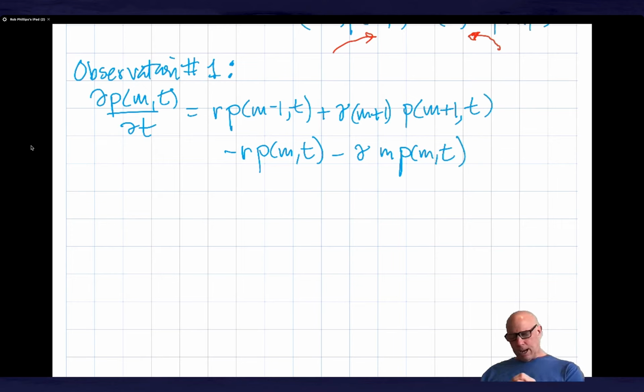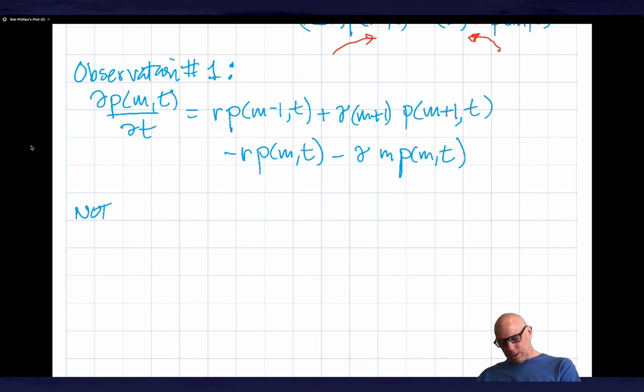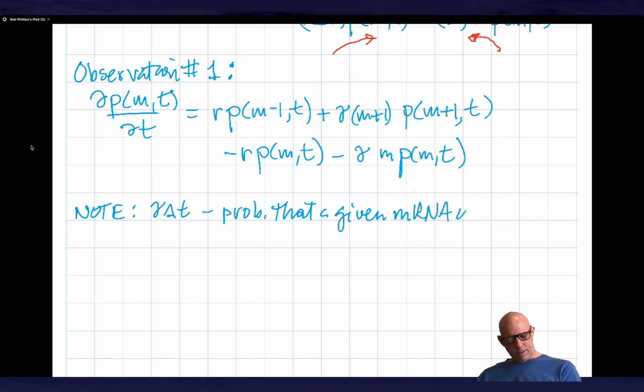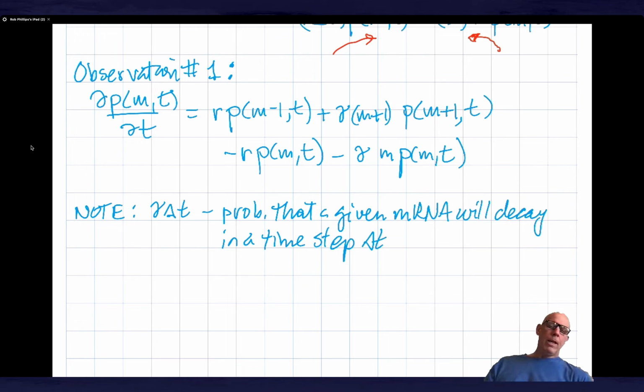Just an aside, what's up with this thing and this thing? Gamma delta T is the probability that a given mRNA will decay in a time step delta T. But I don't have one mRNA that could decay.